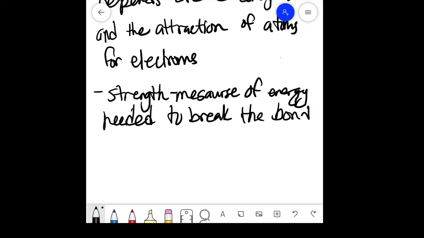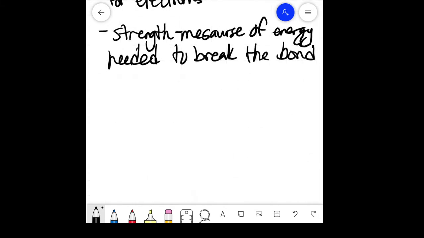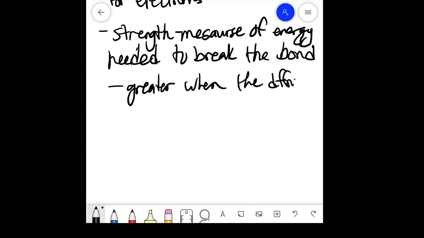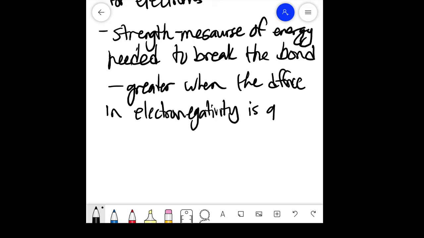So basically, the harder it is to break, the stronger it is. And bond strength is greater when the difference in electronegativity is greater.